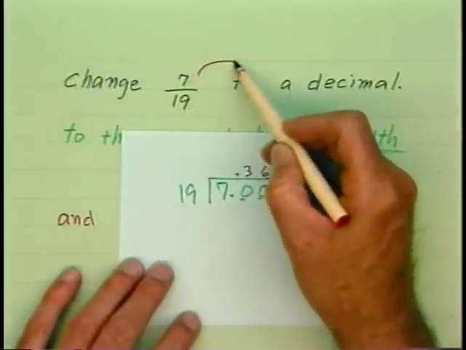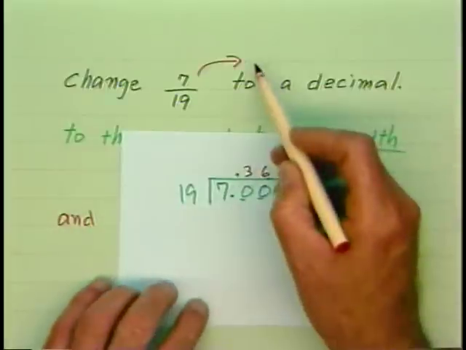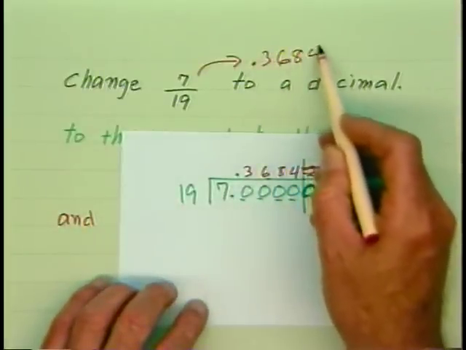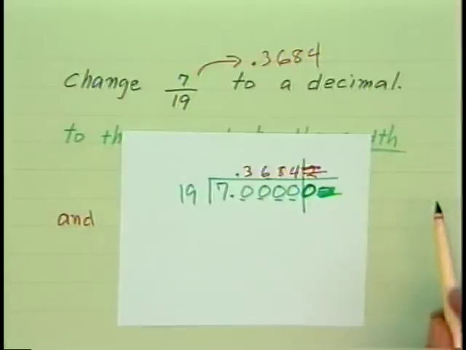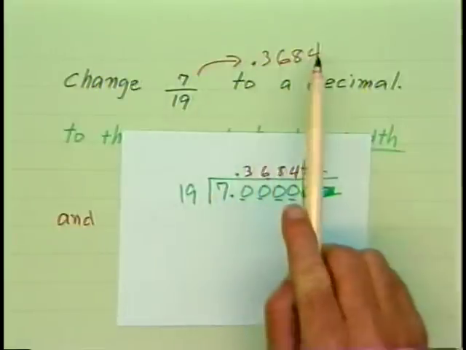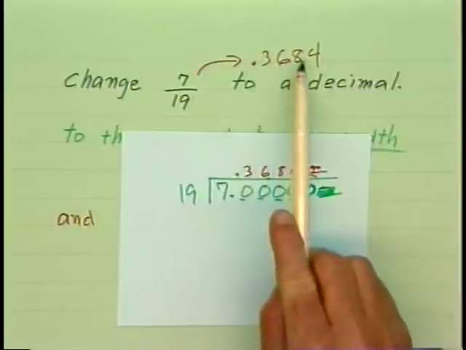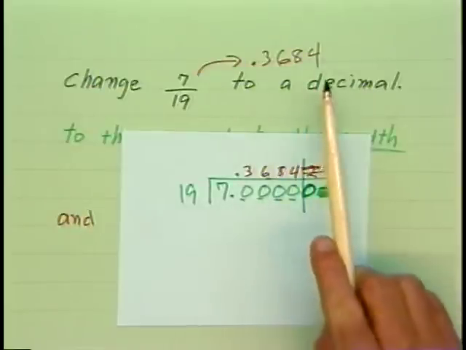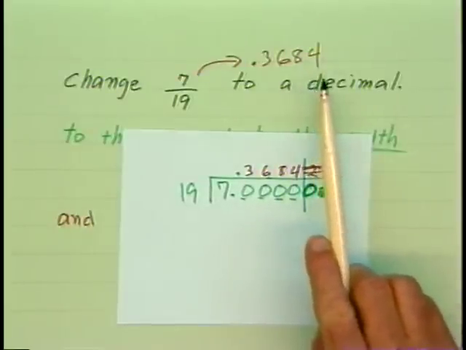So 7/9 to the nearest 10 thousandths is the decimal point 3684. And it's very important to realize that this is not exactly equal to that, but it's closer to this than to 3683 or 3685, that this is the closest approximation at that place.